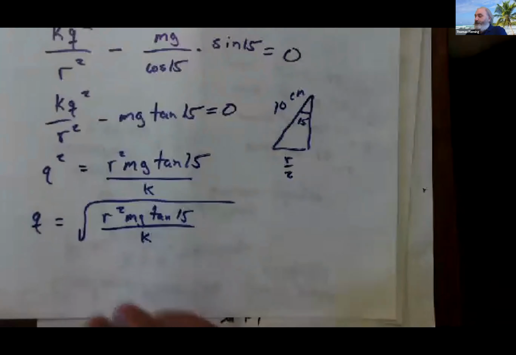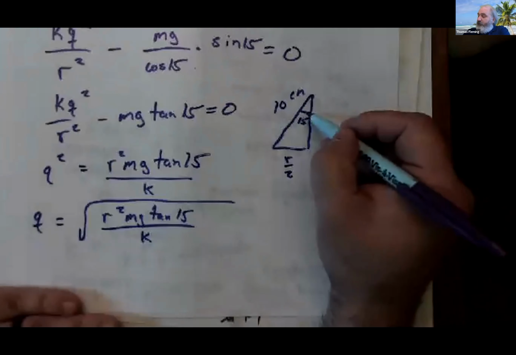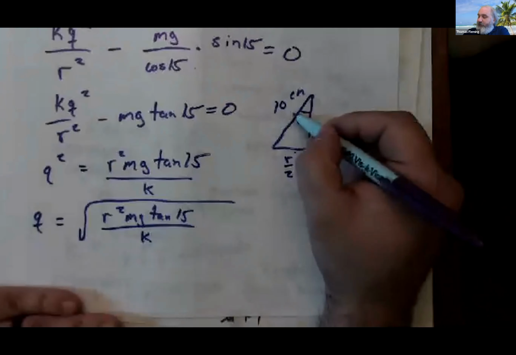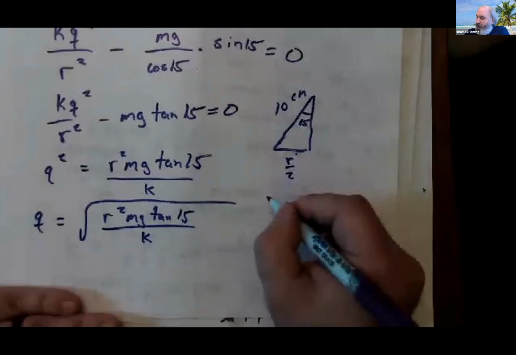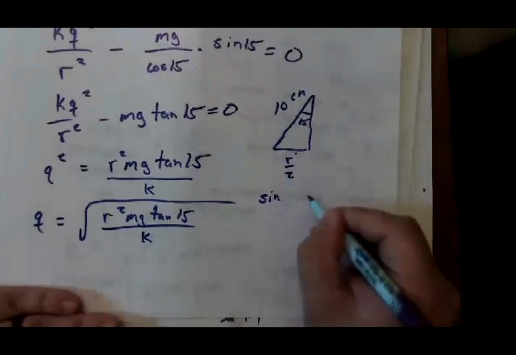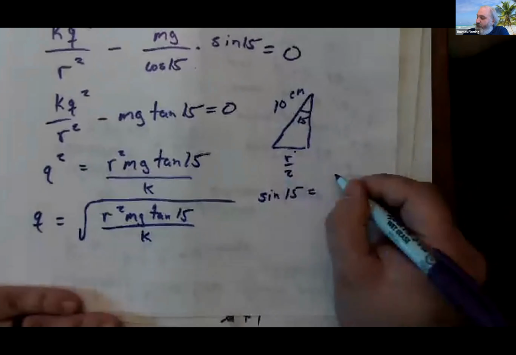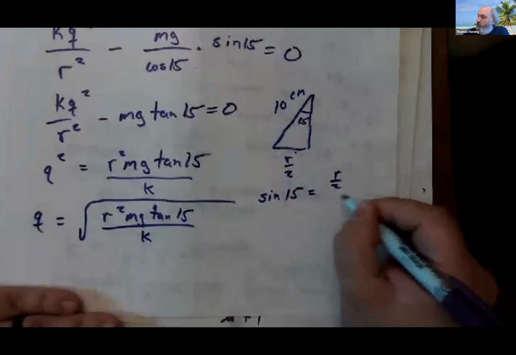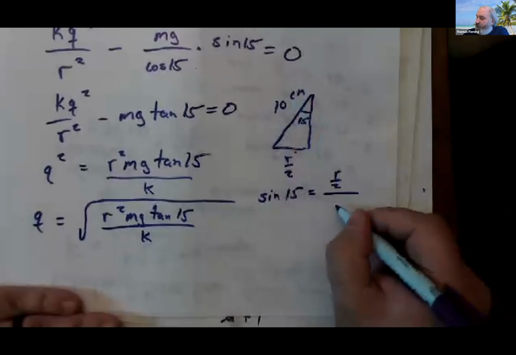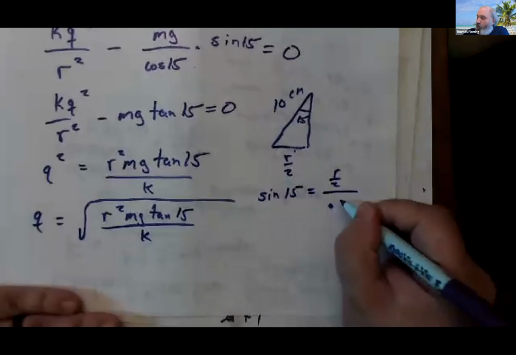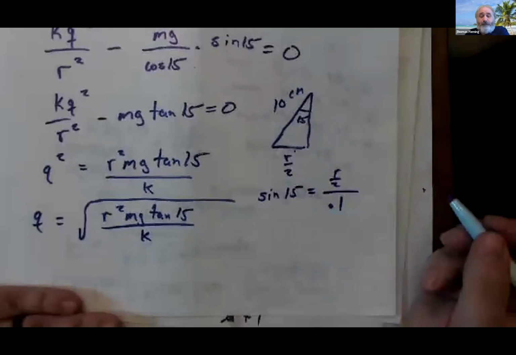I'm good to go. So if I do opposite over hypotenuse, that's the sine, right? So the sine of 15 degrees has to equal the opposite side, which is half of r, over the hypotenuse, which is 10 centimeters or 0.1 meters. So far, so good?